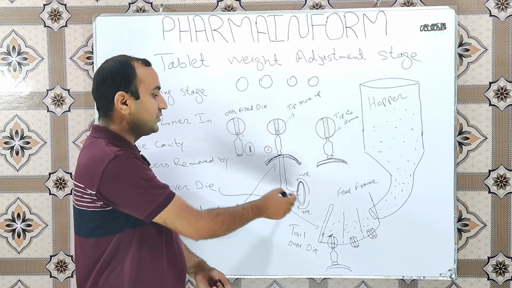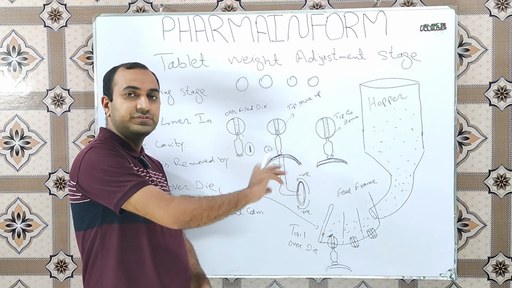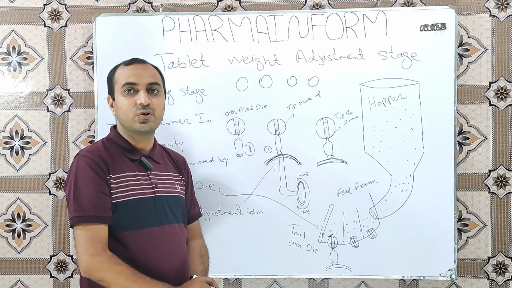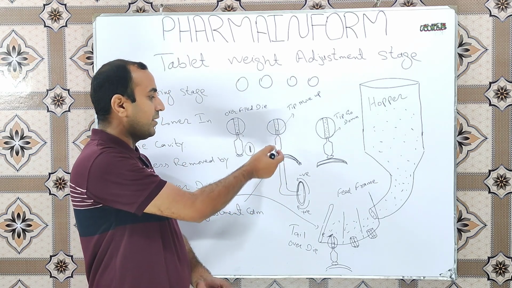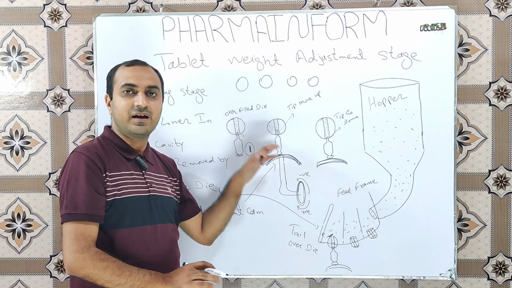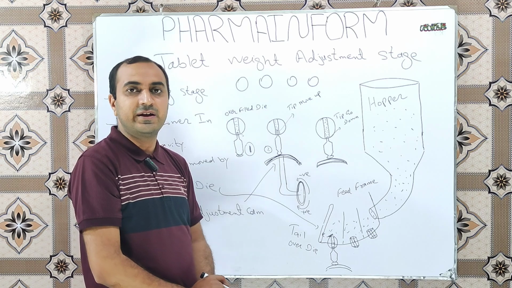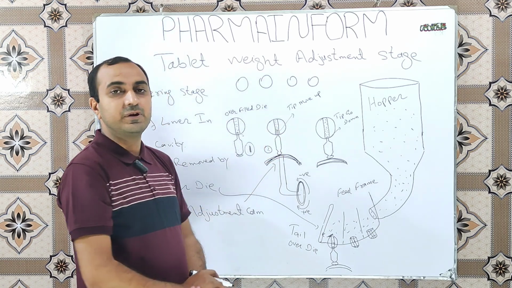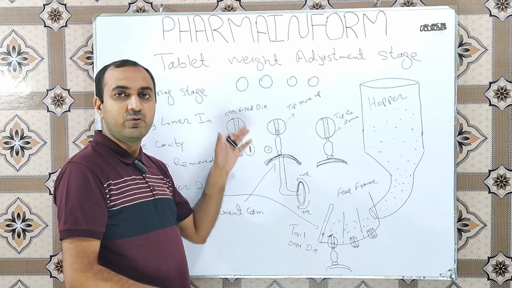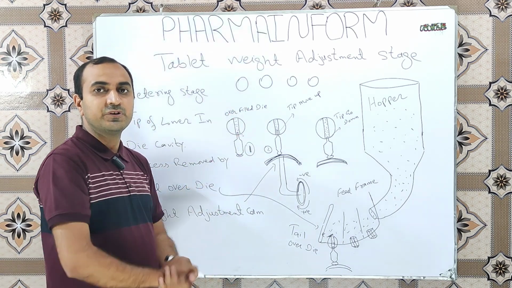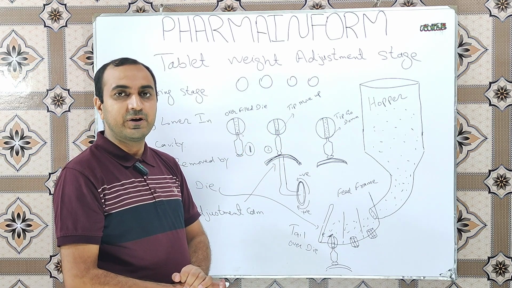The science behind this is that when we rotate the knob of the weight controller on this side, anti-clockwise, our weight adjustment cam is lifted upward, and when the cam is adjusted at a height, the slope is increased, and when the punch passes over this increased height of the slope, the punch tip will be pushed upward and the extra powder or granules will be removed out of the die cavity. In the other manner, when we want to increase the weight of the tablet, what do we do?